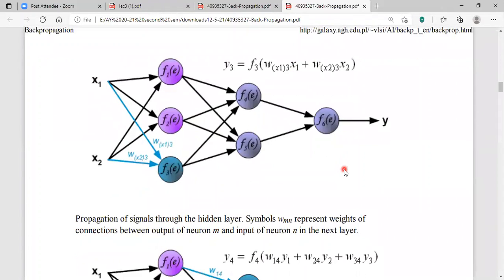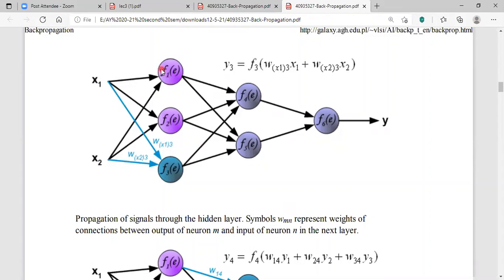So propagation of the signal through the next stage is through the hidden layer. First, the input layer is completed. Next, you need to propagate your signal through the hidden layer. Here in the hidden layer, Wmn represents the weights of the connection between the output of neuron m and the input of neuron n in the next layer.